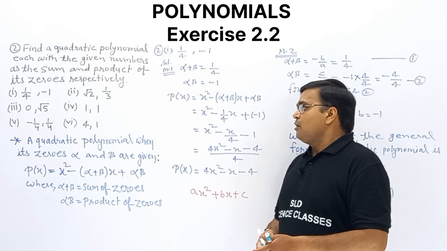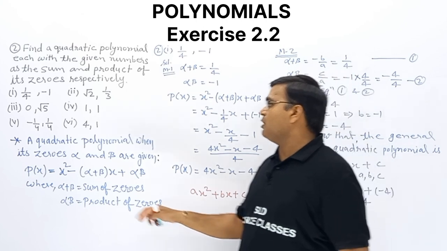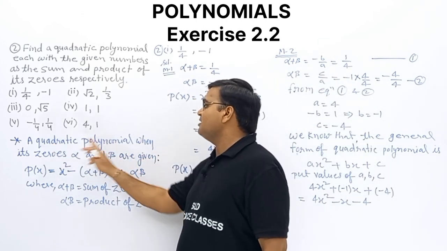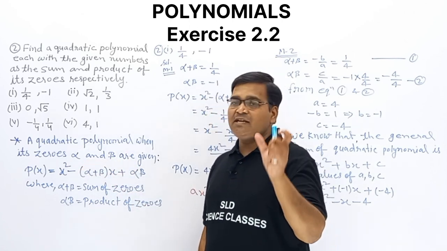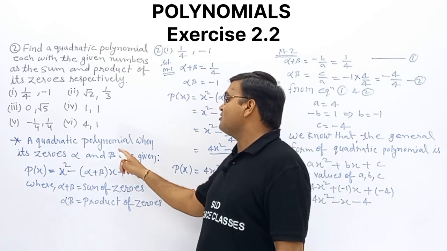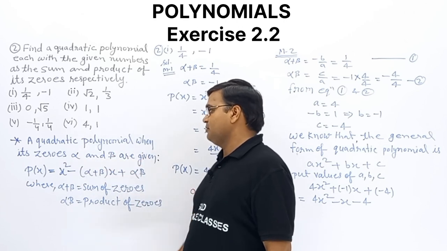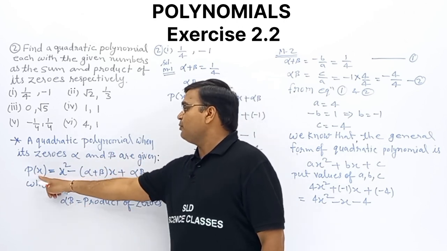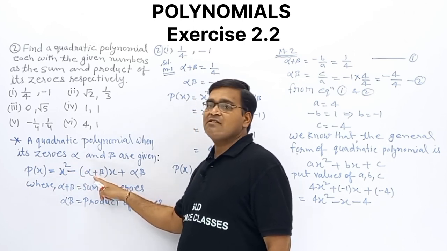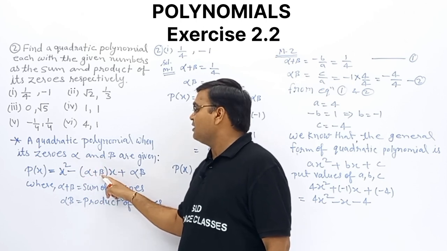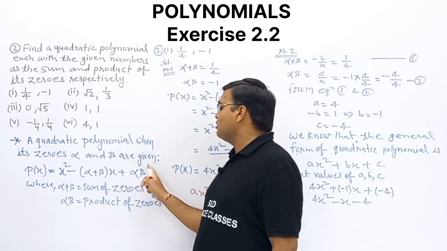For solving these questions we require a small formula. When the zeros of a quadratic polynomial are given, two zeros alpha and beta, then the quadratic polynomial will be x square minus the sum of the zeros, alpha plus beta, into x, plus the product of the zeros.